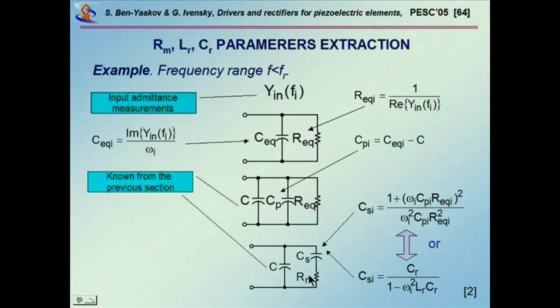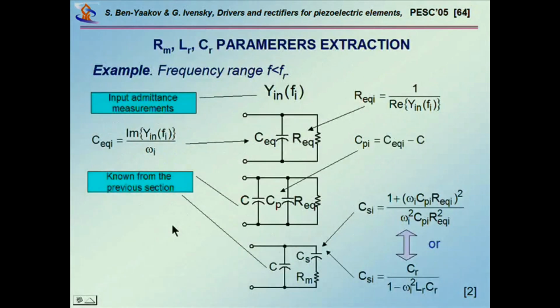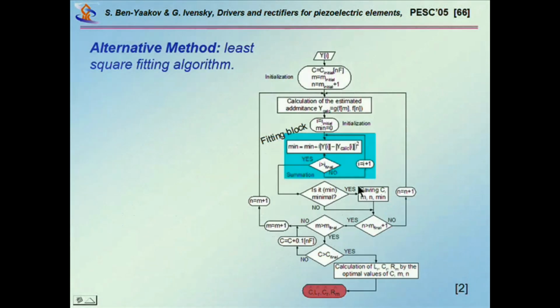We know that this is actually a series connection, and then by certain manipulation we transform it back to the resonant thing. So what we basically do is start by measuring a certain portion, for example, this portion here. We fit this portion to this RC network, and then by these manipulations extract all the other parameters. Okay, so this is one way.